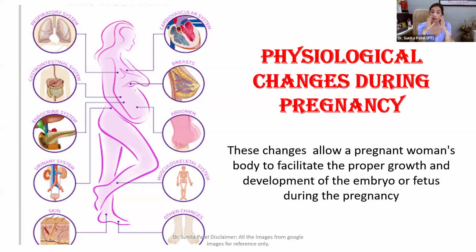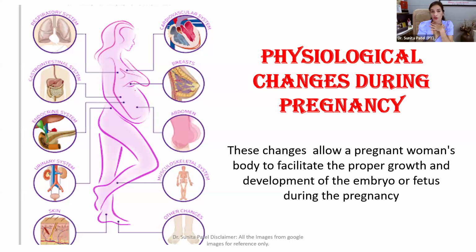Our heart. First is the endocrinal system change, because as soon as the placenta is formed, that is one system. The second is that even to make this endocrinal system more active, we need blood. So our cardiovascular system has to react, and its physiology is going to increase.